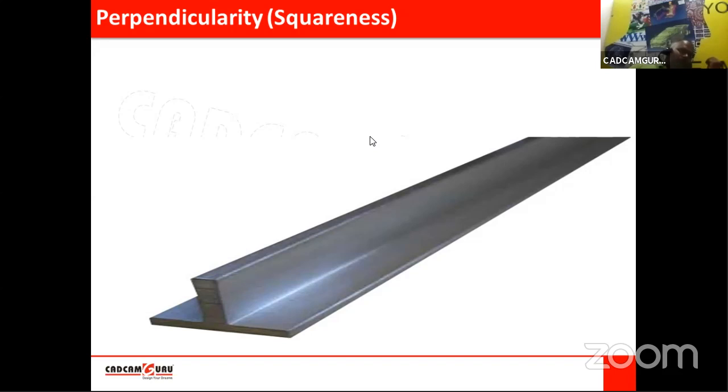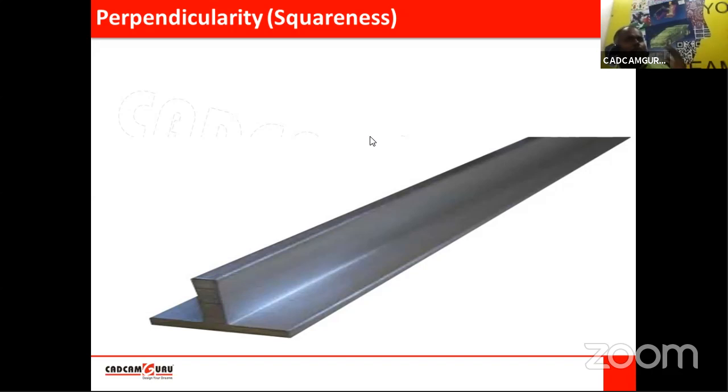If that perpendicularity is not maintained, what will happen? Just think yourself. What will happen if the vertical arms of the door frame are not perpendicular to the horizontal arm? At that time, no one will feel that there is some error or problem.